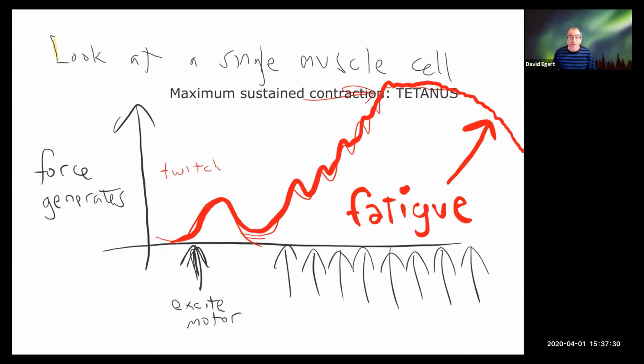And one of the things that is really cool about science, hopefully you're going to understand more and more as we go through this class, is we hit the limit pretty quick on what we know. Even something as fundamental as why does a muscle cell stop generating force even though you keep exciting it? We don't totally know.